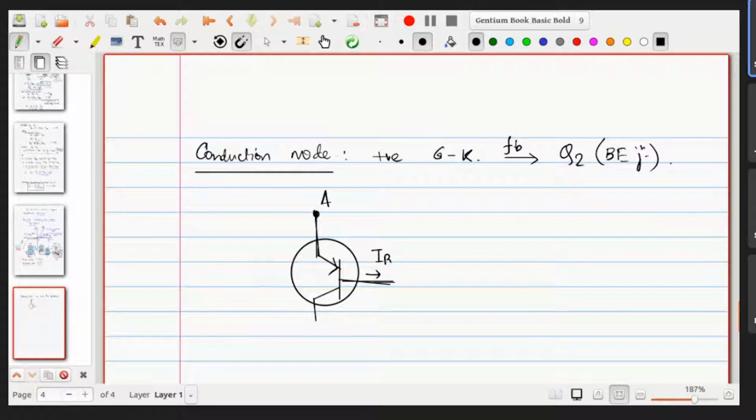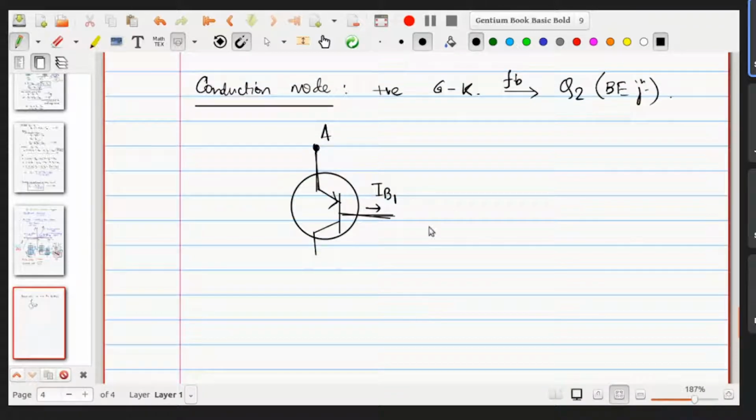This was our IB1, or rather in the figure I referred to it as IB1 with small notes, and this was our IC1, right? So at this point, or at this level, this is our gate terminal. So this is basically our IG, the gate current. And at this point, what we have is the NPN transistor.